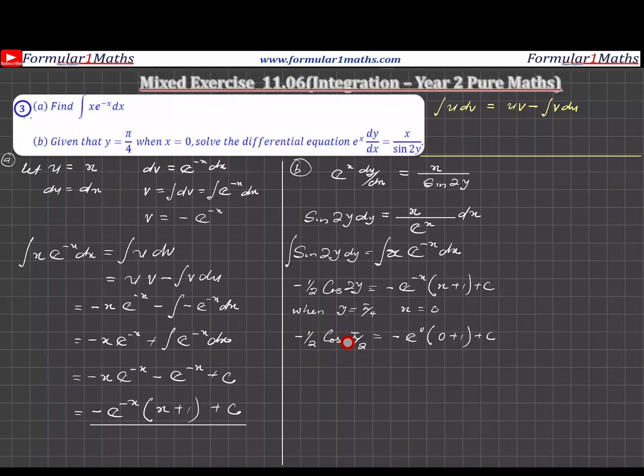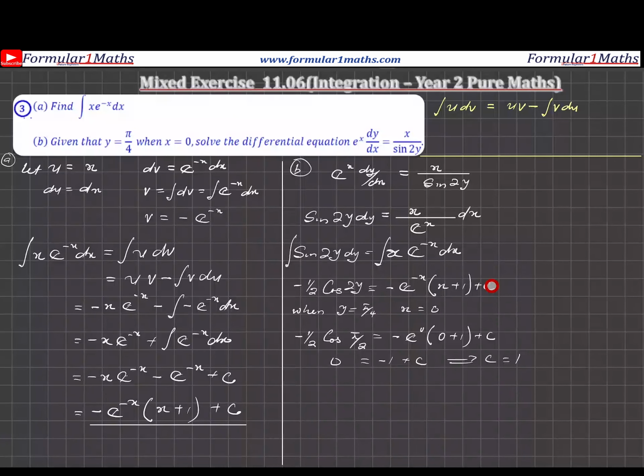Now cos pi over 2 is 0, so the whole of this left hand side is 0, so I have 0 is equal to, and on the right hand side this e to the power 0 is 1, so that's minus 1 times 1, so I get minus 1 plus c, which implies that c is equal to 1.